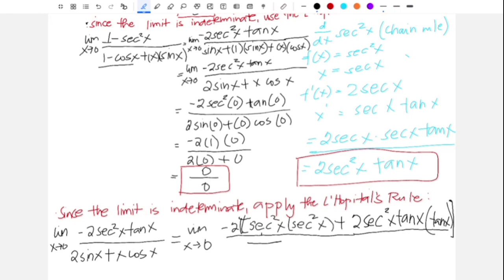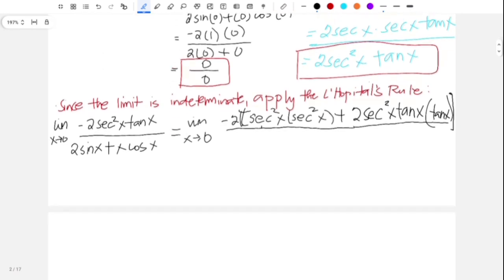Therefore, the derivative of tangent x is secant x squared, plus the derivative of our f of x, which we already solved for earlier: 2 secant x squared tangent x, and we copy our g of x, which is tangent x. Therefore, this is the derivative of our numerator. Can you still follow the solving? Okay.